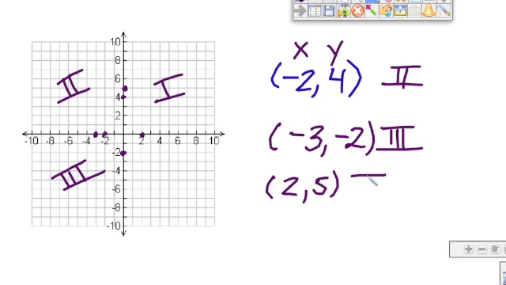So the answer here would be 1. And then finally for my last one, let's say I had 6, -6. So we have 6, and then we'd have -6. Bring those two together, and I would be at quadrant 4.